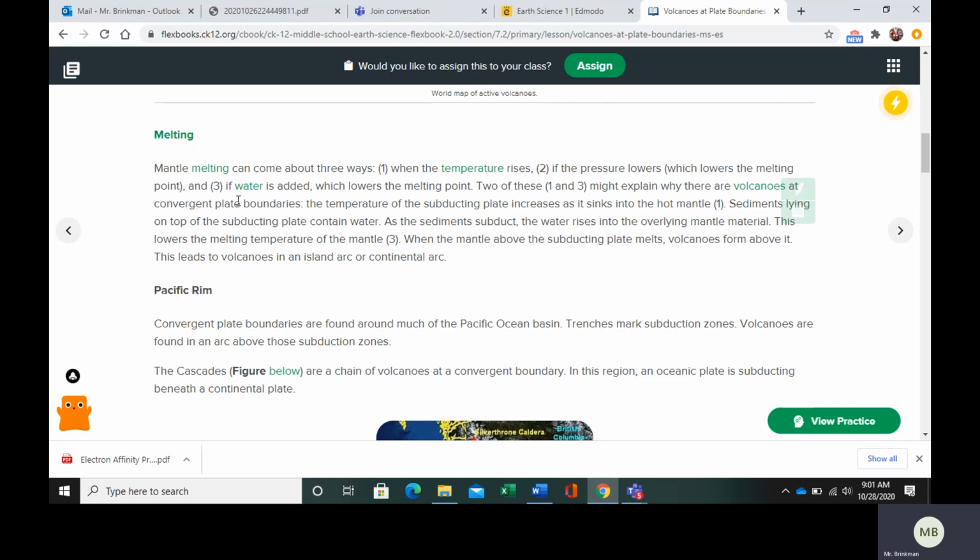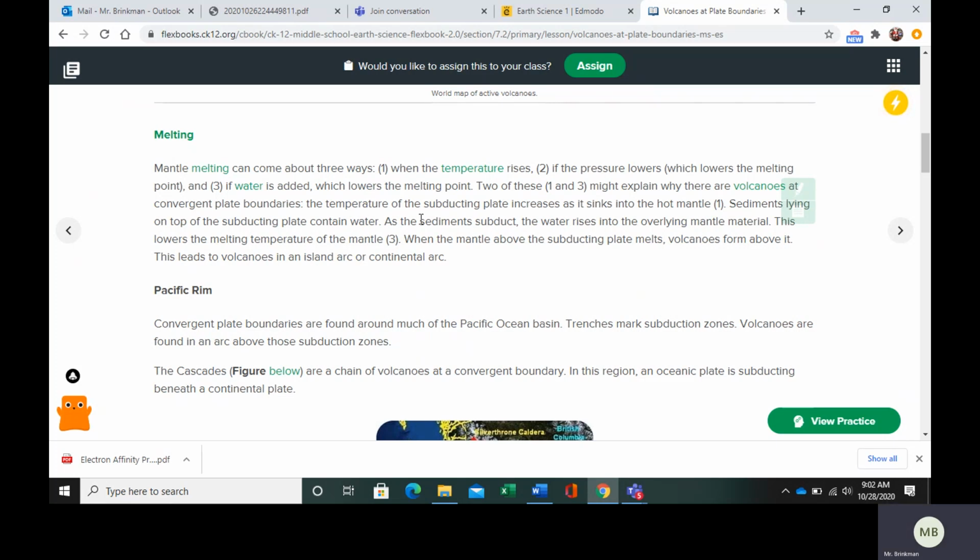Because one of the plates is oceanic, so it's already in the water, and the temperature of the subducting plate is going to increase. Okay? And then the sediments that are on top of the subducting plate are going to contain water. So we have temperature rising and we have our melting point lowering.